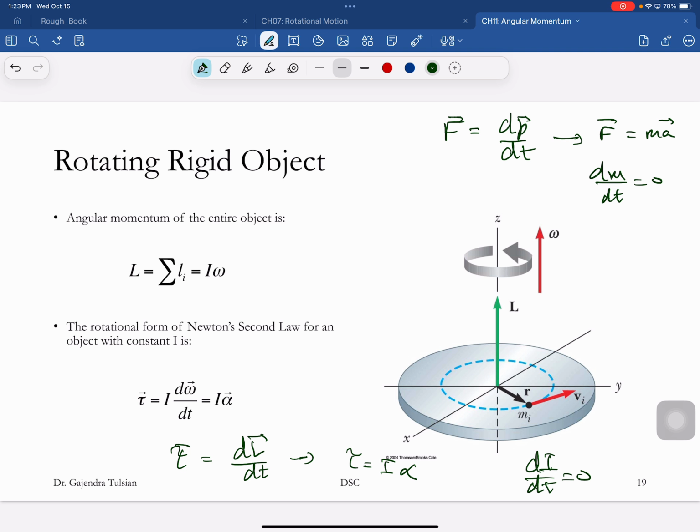So for instance, when a skater pulls her arms in or out, the moment of inertia is changing, and then this equation is not valid. So this is valid only when the moment of inertia is constant.